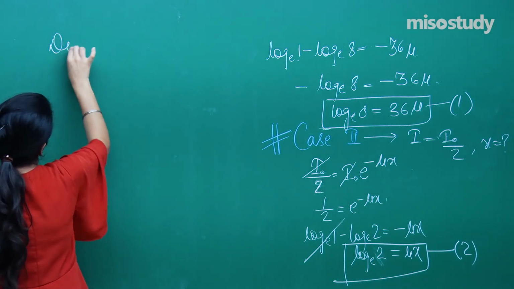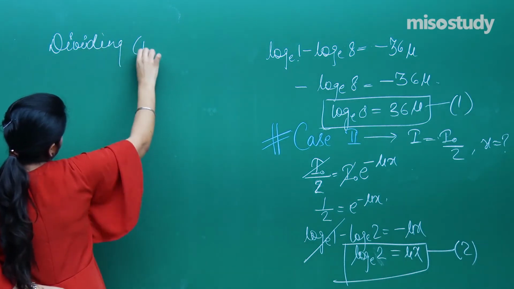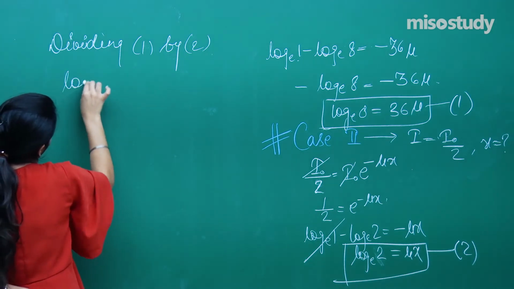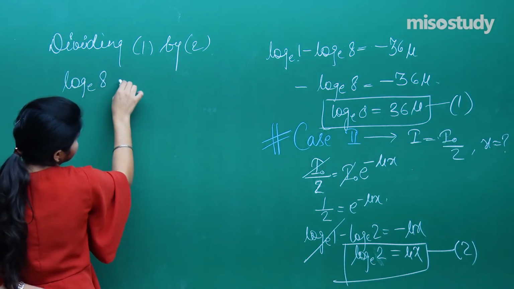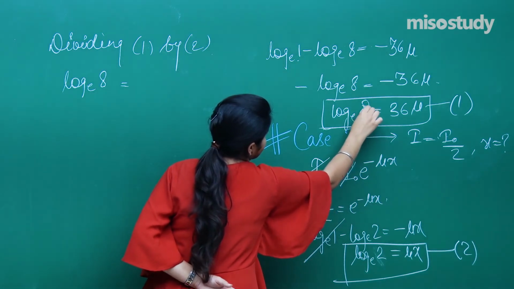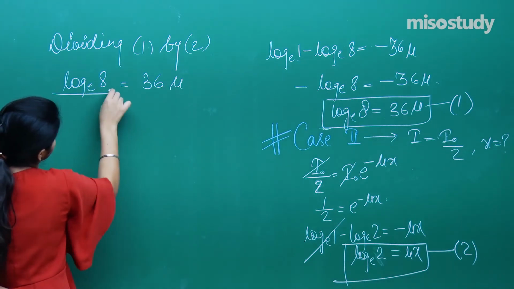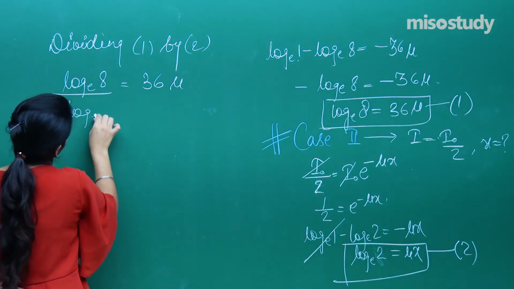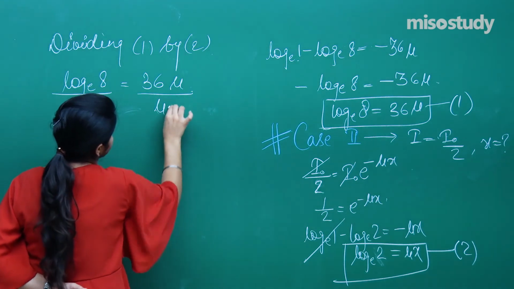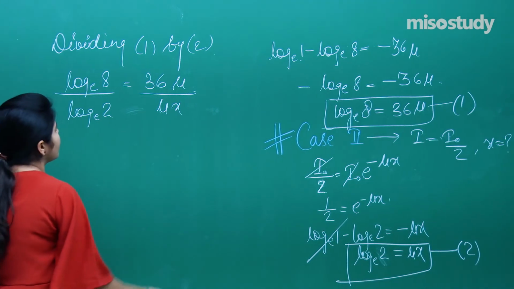Dividing equation 1 and 2, you will have log e base 8 over log e base 2, which is 36 mu divided by mu x. Now the question has become very simple.